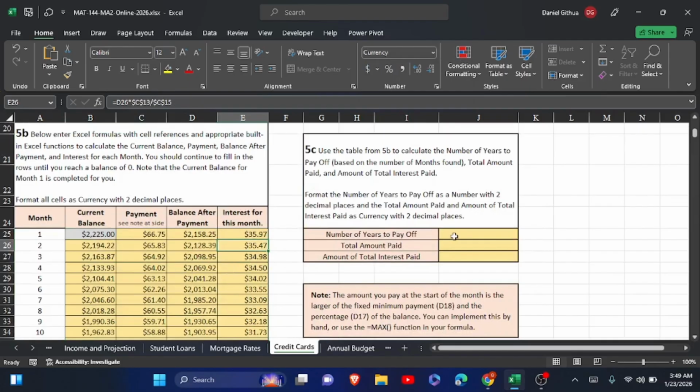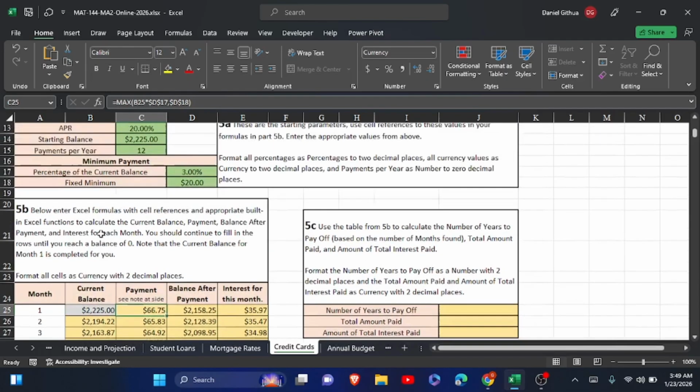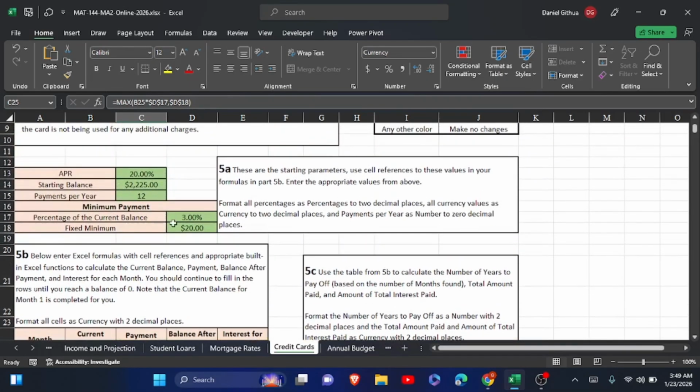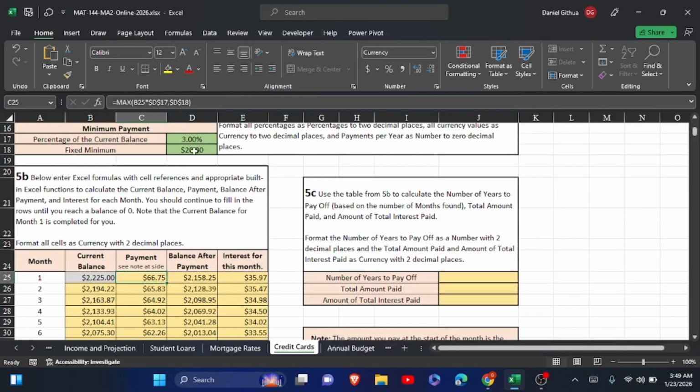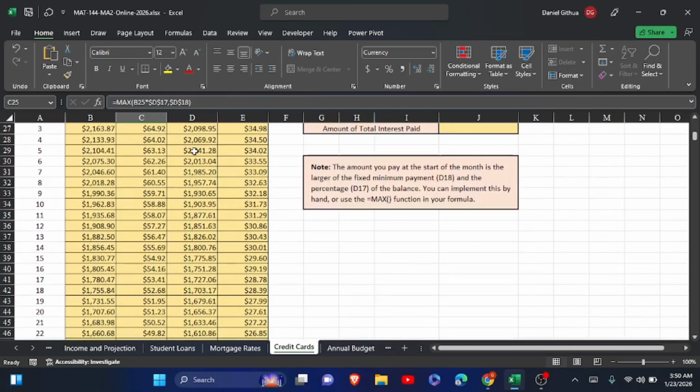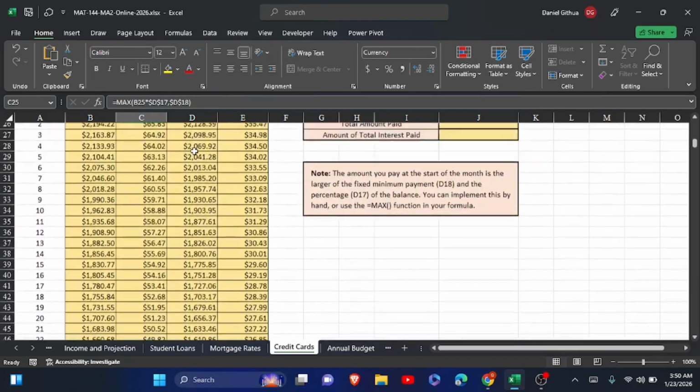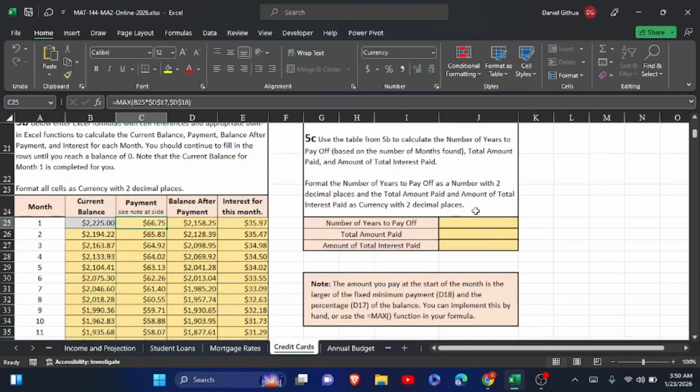So we are going to part C. The payment is given by the maximum of the current balance multiplied by the D17, and the fixed minimum. Then the next part is to find the number of years to pay off.